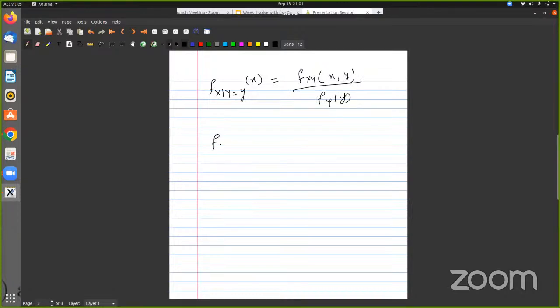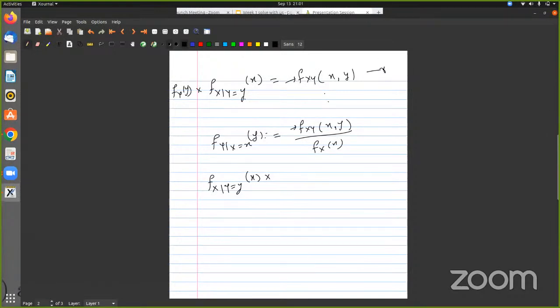Similarly, f_{Y|X=x}(y) equals f_XY(x, y) divided by f_X(x). So here the numerators are the same. That means I can equate them: if this denominator goes down here, it will become f_Y(y). This is equation 1.